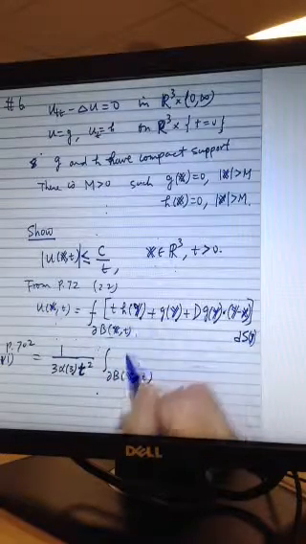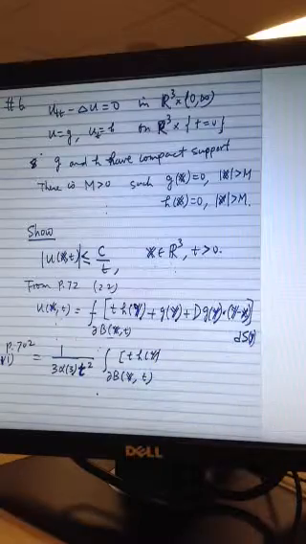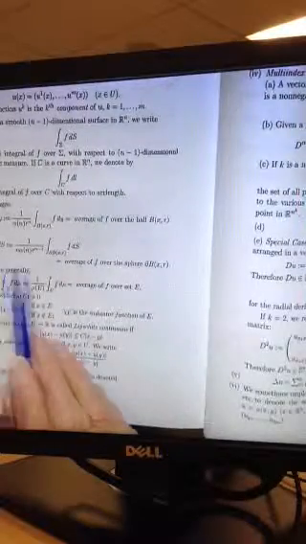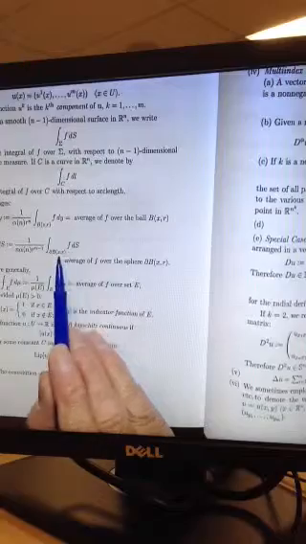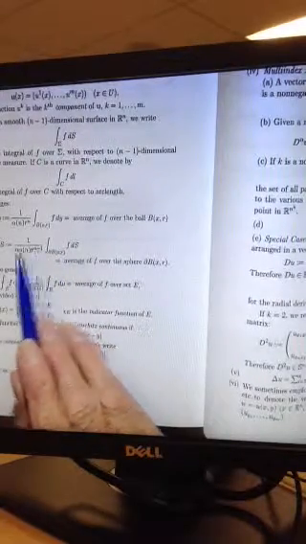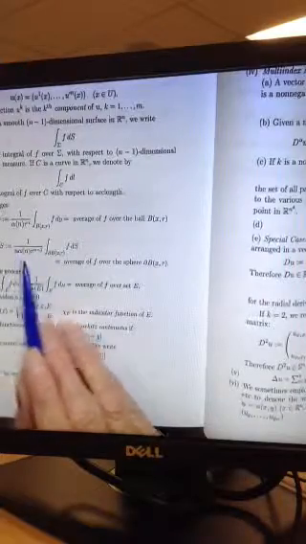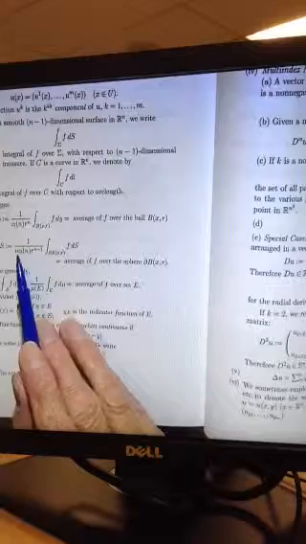This here is the surface area of the sphere of radius t in R3.